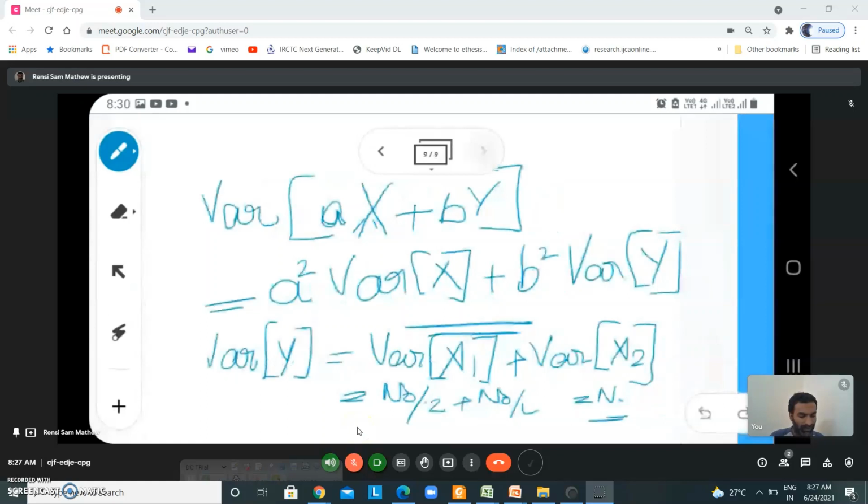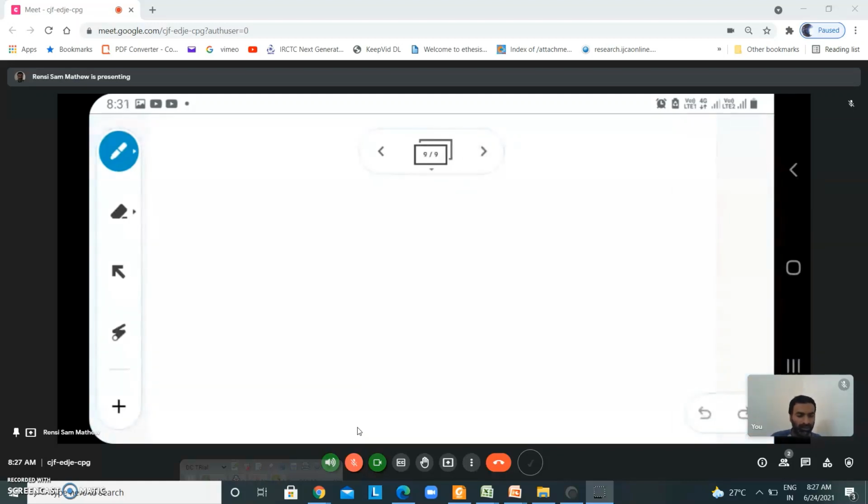Now we have to find the probability of error, and to find it we use the conditional probability density function. We consider the condition that symbol 0 was transmitted, there is an error, and the symbol received is 1.